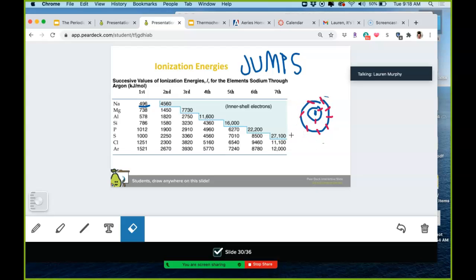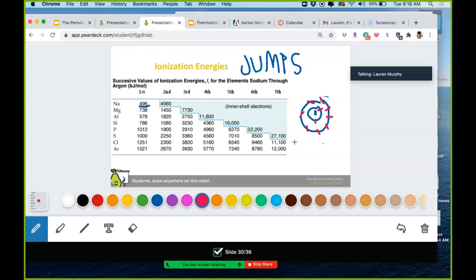And I also become isoelectronic with neon, meaning I've achieved stability, right? I'm smaller, my electrons are close to the nucleus, I have a full valence shell, I'm fairly stable. So you see a huge jump.